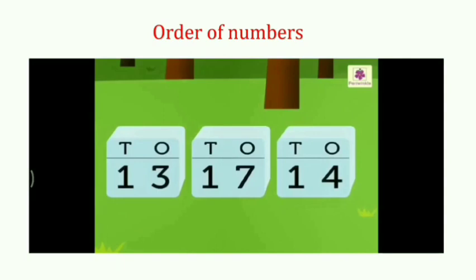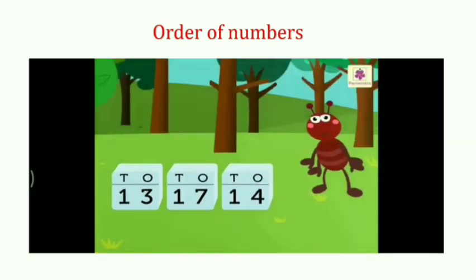Each sugar cube has a number written on it in the form of tens and ones. The numbers are 13, 17 and 14. Let's arrange 13, 17, 14 in ascending order with the help of Tob.